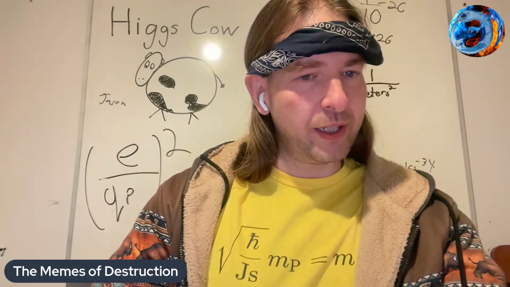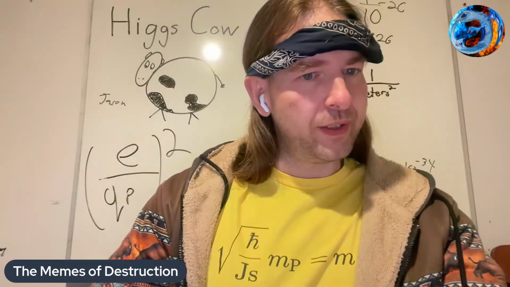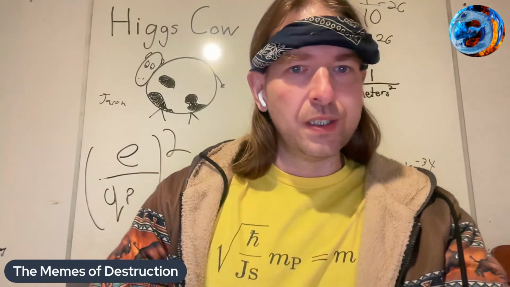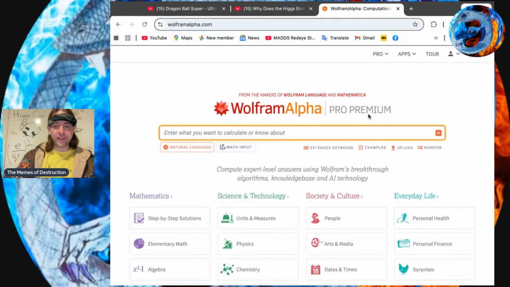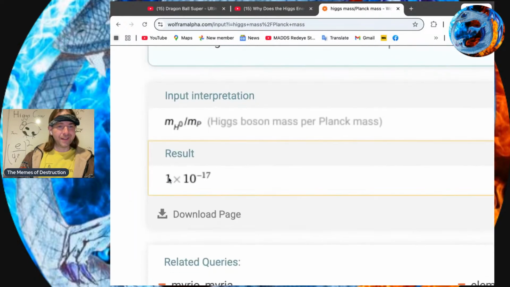It depends on how you look at it, but Sean Carroll says 17, but you just go to Wolfram. Higgs mass, Planck mass, 10 to the minus 17 difference.